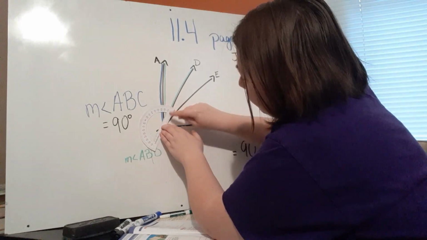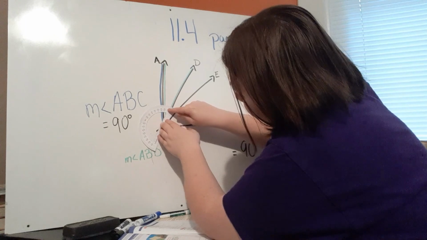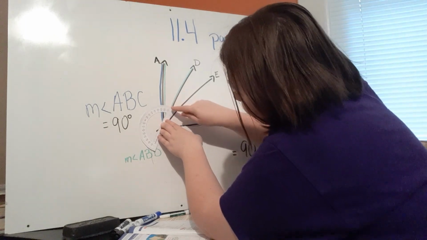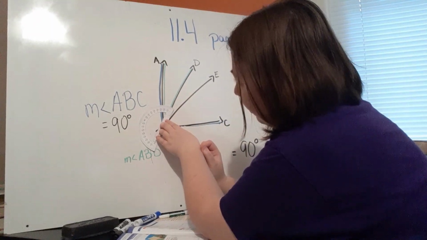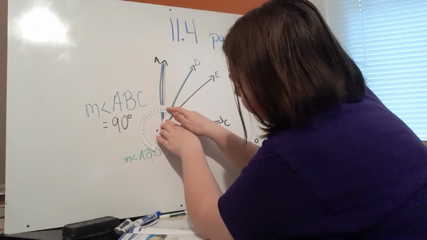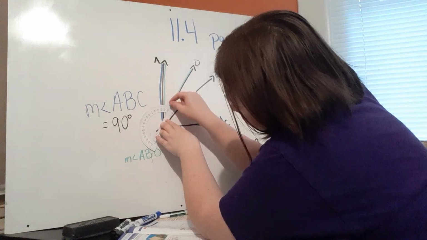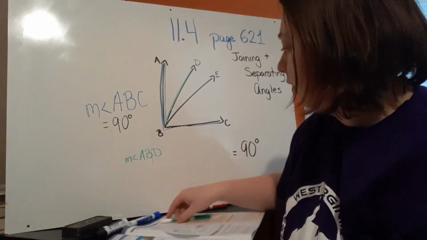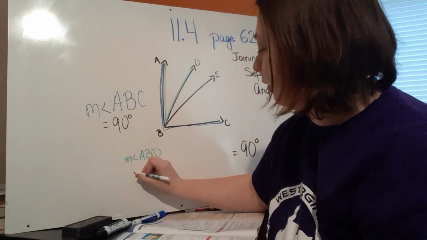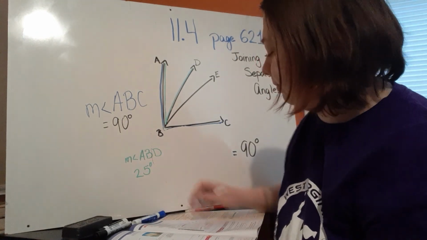Okay. Then I'm going to look over here right at my protractor and see how far over it goes. So the measure of ABD is about 25 degrees. So here I'm going to have my 25 degrees.